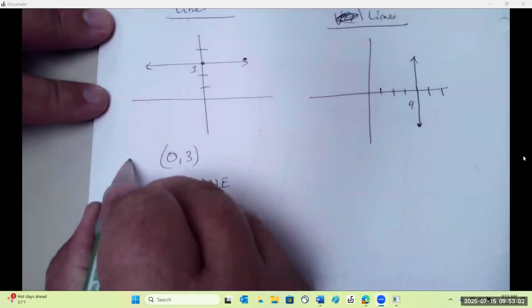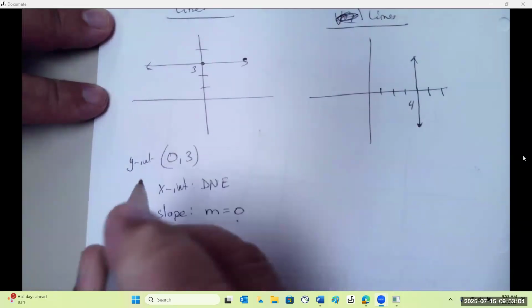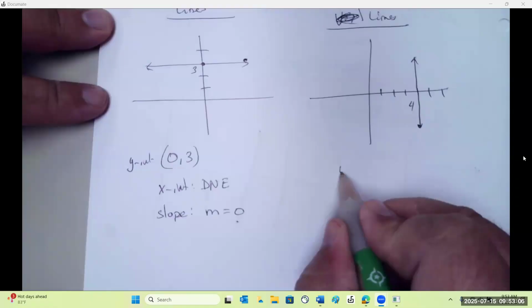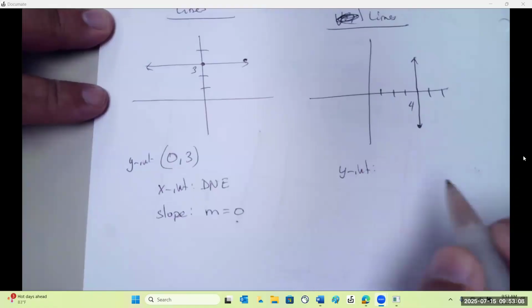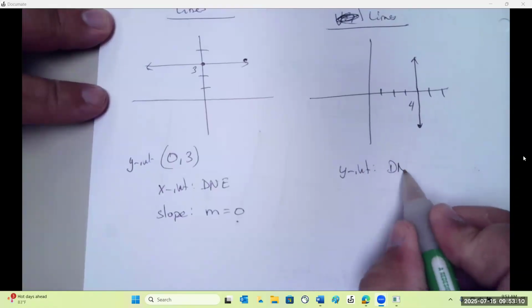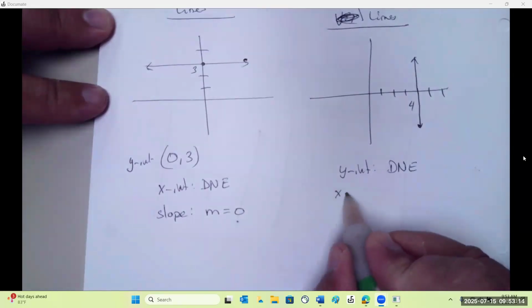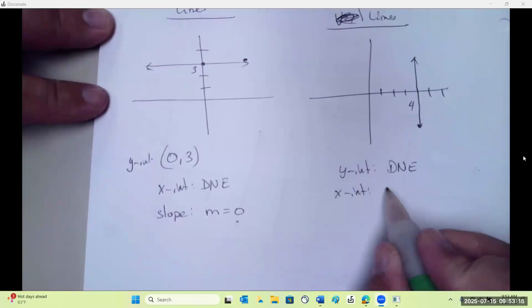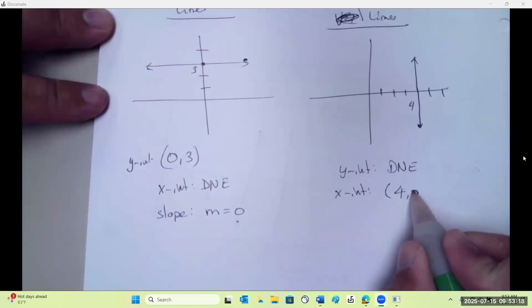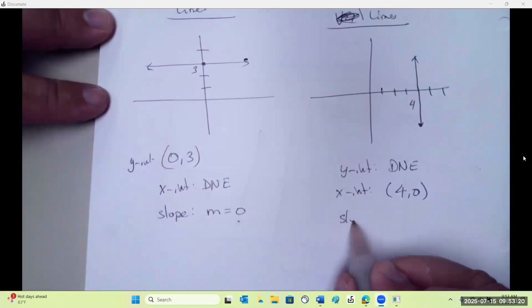So this is the y-intercept. So in this one, what is the y-intercept? Does not exist. What's the x-intercept? (4, 0). What's my slope?